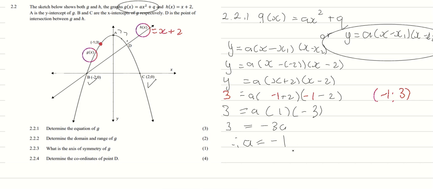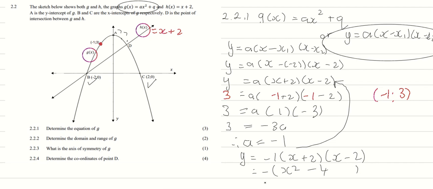From here, our equation is now y is equal to negative 1(x plus 2)(x minus 2). And now we just need to expand this to get x squared minus 4, making this equation negative x squared plus 4.